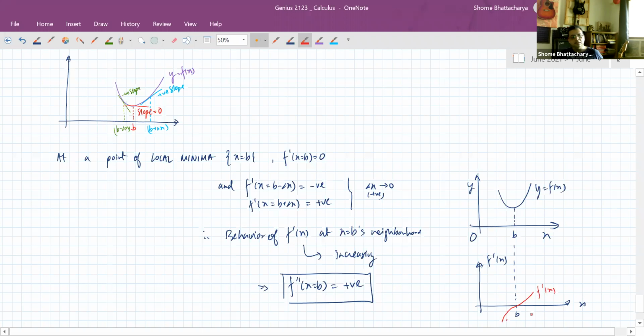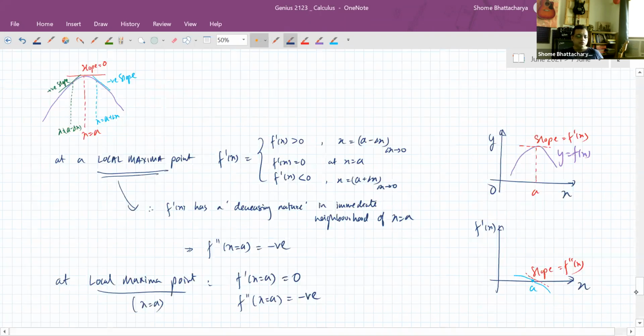This has an increasing nature. So this slope should be positive here, whereas this slope is 0 here. Now you can see how a local maxima point is different from a local minima point.